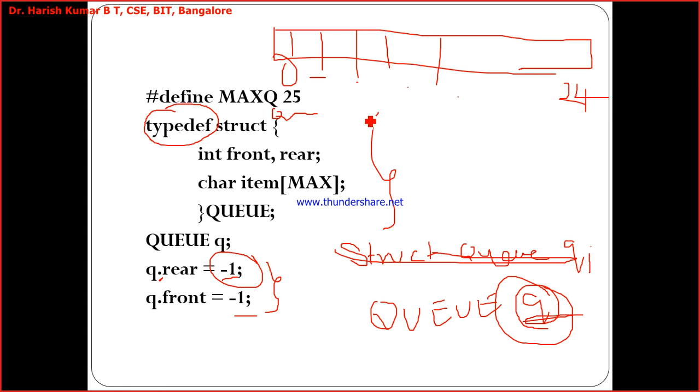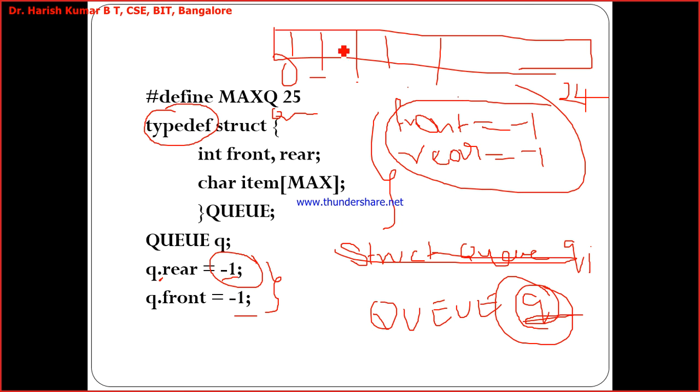Now both front is equal to -1 and rear is also -1. If both front and rear are -1, what does it mean? The queue is empty. Hope you understood?